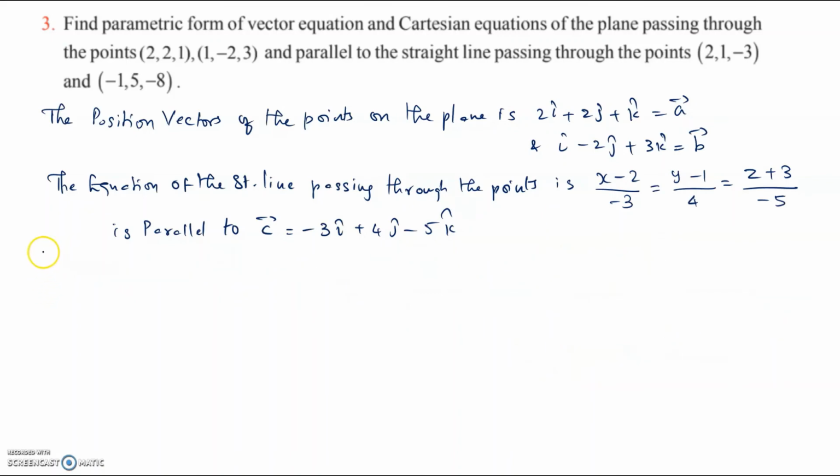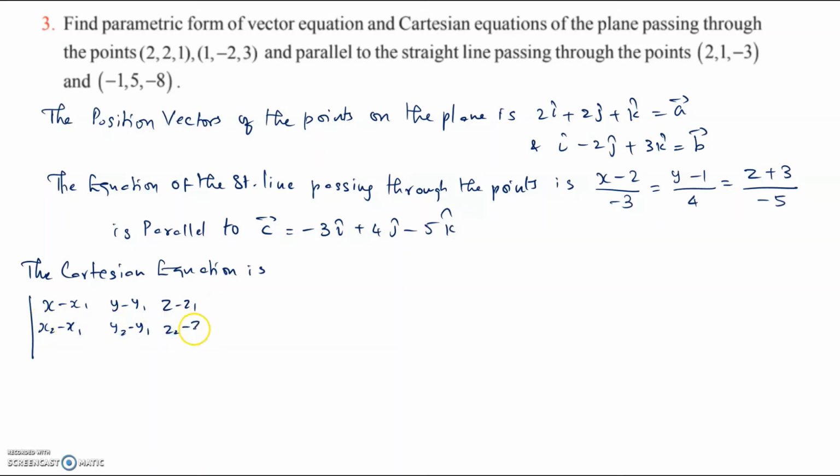Next, the Cartesian form of the equation is given by the formula: the determinant of x minus x1, y minus y1, z minus z1; x2 minus x1, y2 minus y1, z2 minus z1; c1, c2, c3 is equal to 0. Now x1, y1, z1 is vector A, the coefficients of i cap, j cap and k cap.